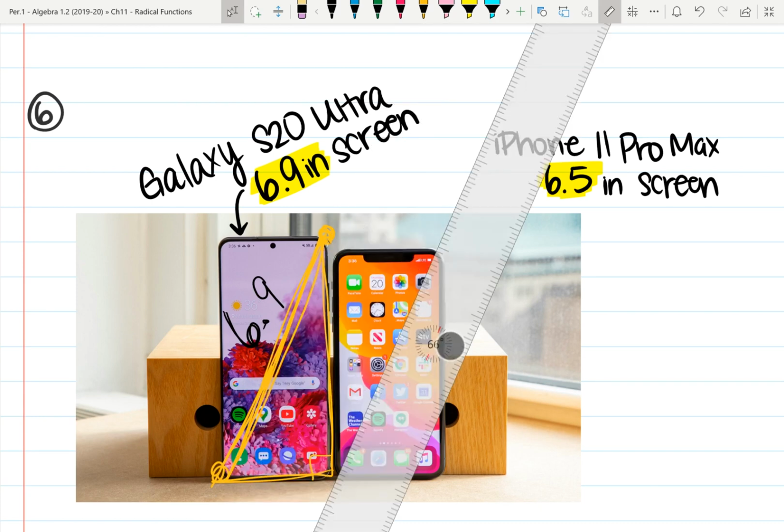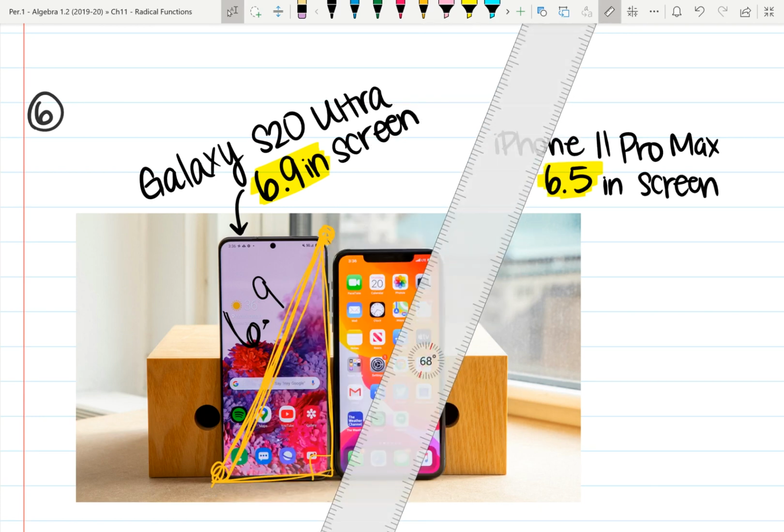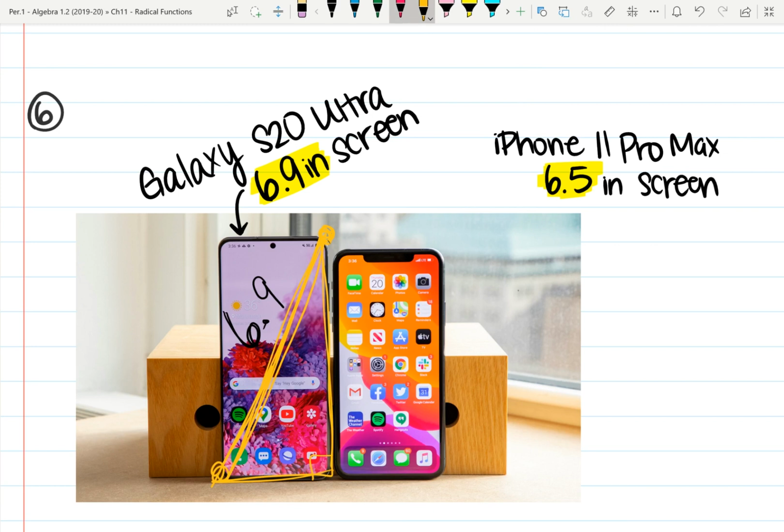Same with the iPhone. The iPhone, the diagonal, this diagonal space here, let me see if I can do it in a color that you can see. Blue, sure, or green. This diagonal, this is 6.5, sorry, iPhones, not the height.